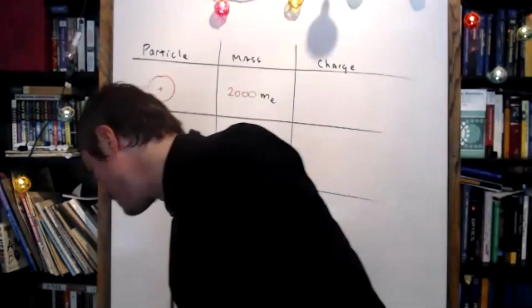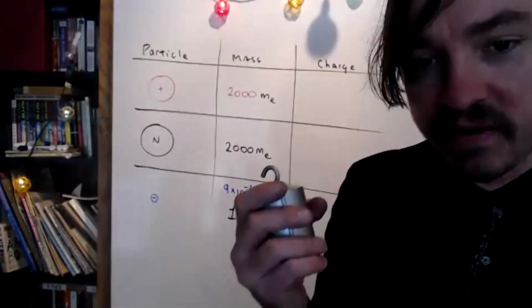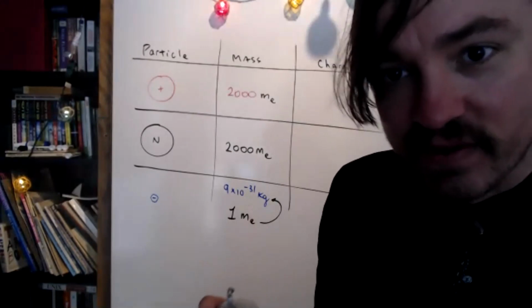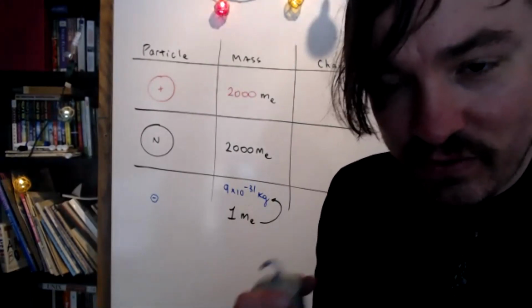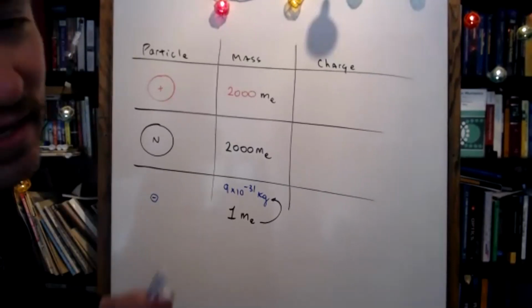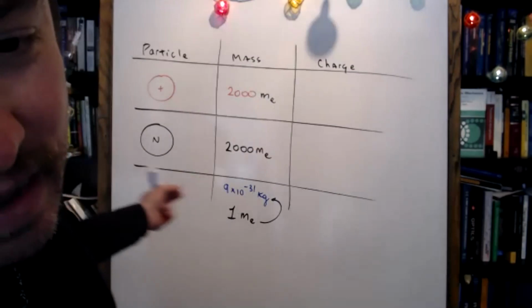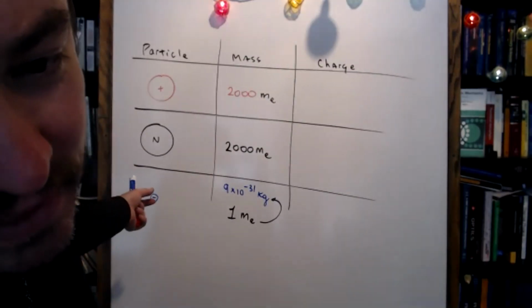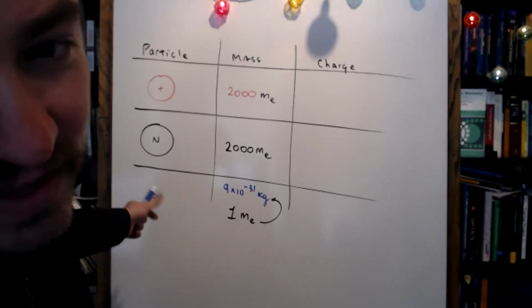For instance, in human terms, I can lift a 1 kilogram mass, but I cannot lift a 2,000 kilogram mass. That would be like two Dodge Ram vans. I couldn't pick that up with my hands. So a factor of 2,000 is significant in my opinion. That means the electron is so microscopic and tiny, low mass in comparison to these other particles that it almost doesn't even exist.